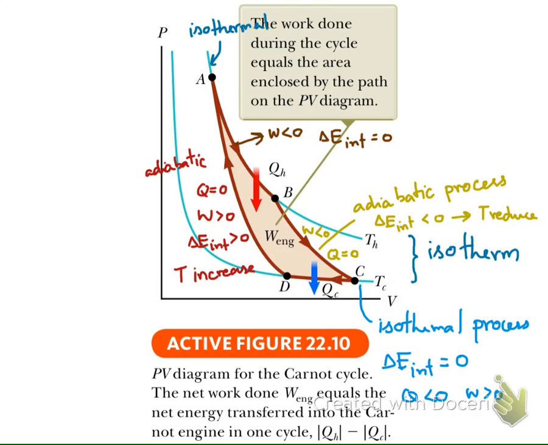In one cycle, the work done by the engine, the work that the engine gives to us, is equal to the area enclosed by the curve, this area. So this is what we got from the Carnot cycle, that works between two reservoirs, the high temperature reservoir and the low temperature reservoir.